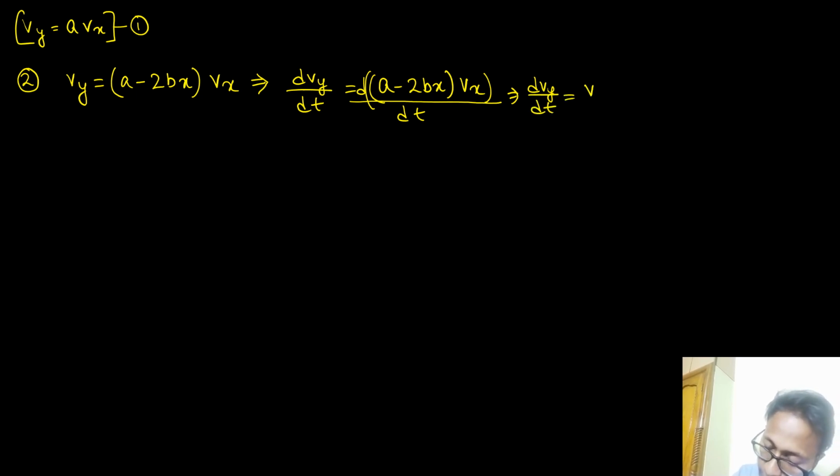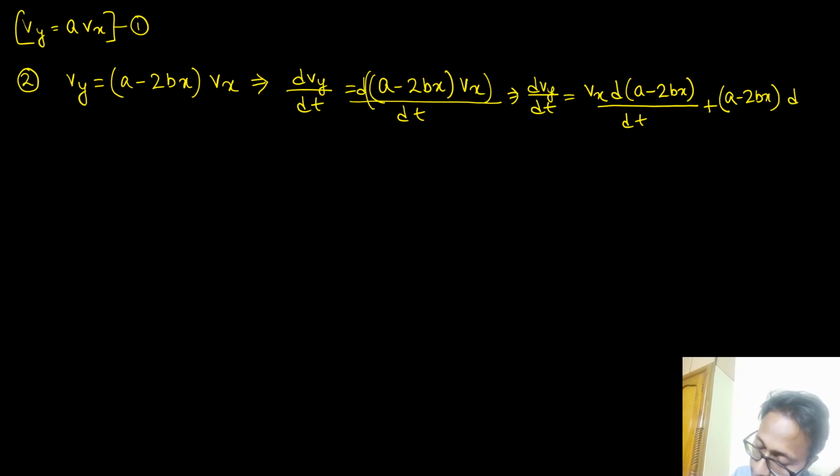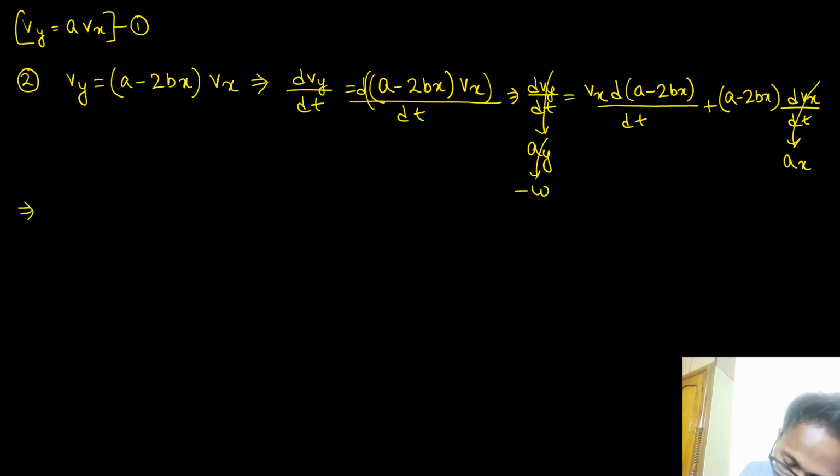Taking vx constant first, it is d(a minus 2bx) by dt, plus (a minus 2bx) into dvx by dt. What is dvx by dt? It is nothing but the x component of acceleration. What is dvy by dt? It is nothing but the y component of acceleration, which is given as minus w in the question. So out here, minus w is equals to vx.